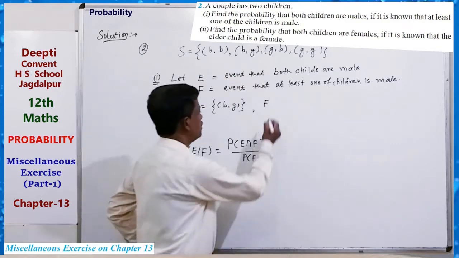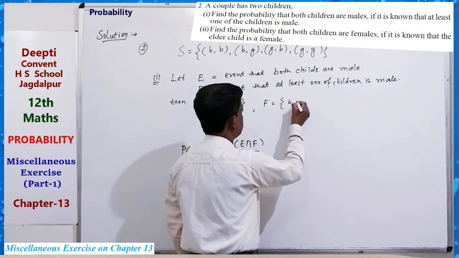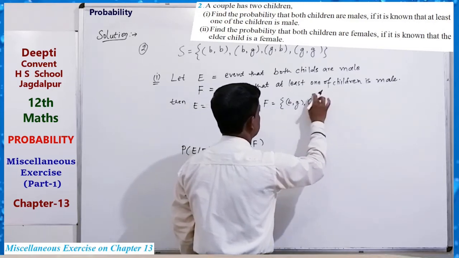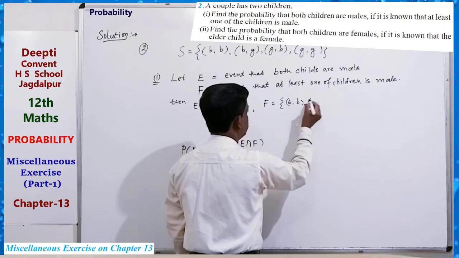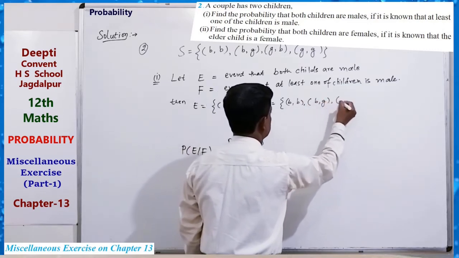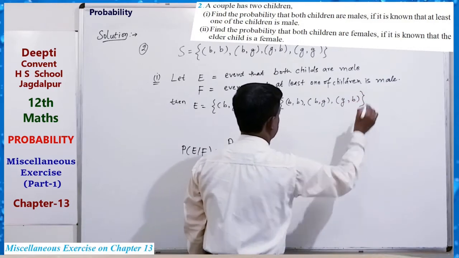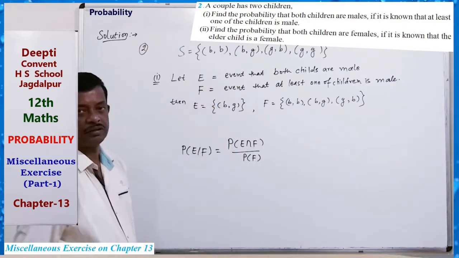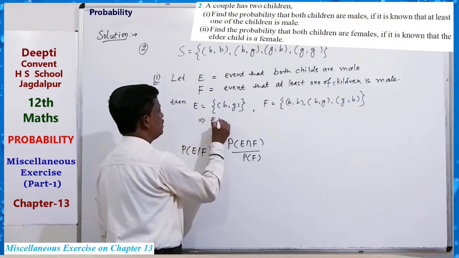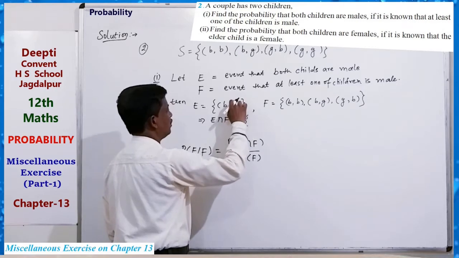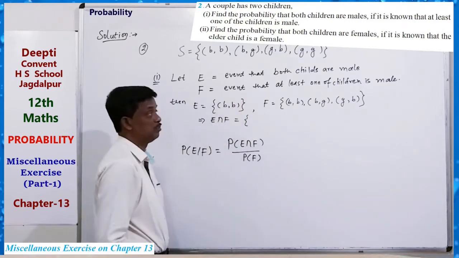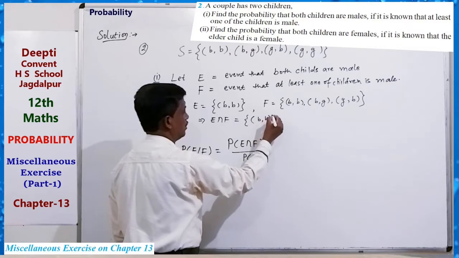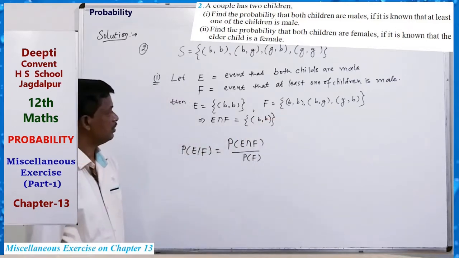It is clear that the sample space is BB, BG, GB, GG, and at least one of the children is a male includes BB, BG and GB. This implies E intersection F equals boy, boy, the intersection of this.